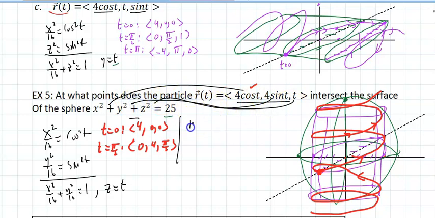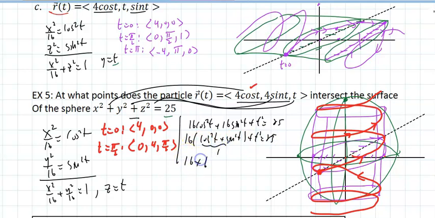So that is 16 cosine squared of t, plus 16 sine squared of t, plus t squared equals 25. This is 16 times cosine squared of t plus sine squared of t. This is a 1. 16 plus t squared equals 25. t squared equals 9, t equals plus or minus 3. So I could figure out exactly when that happens.